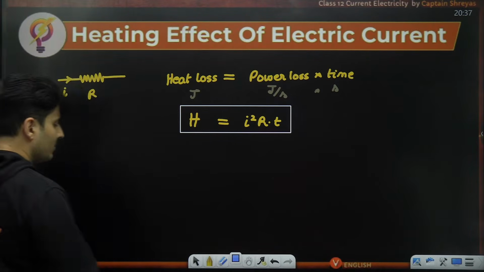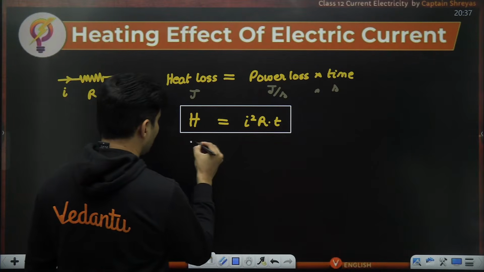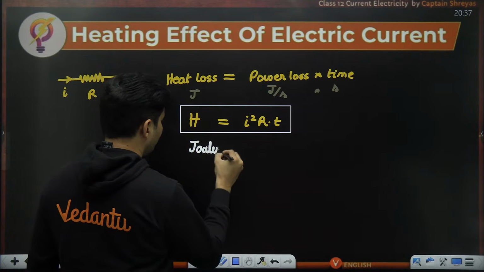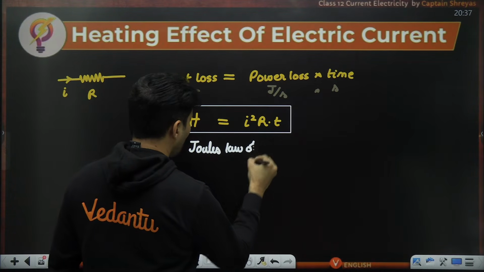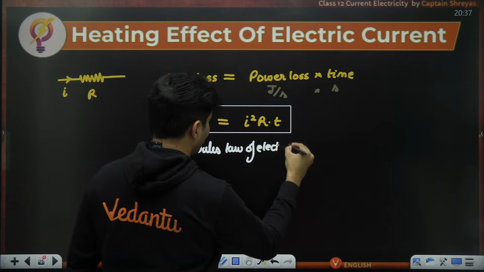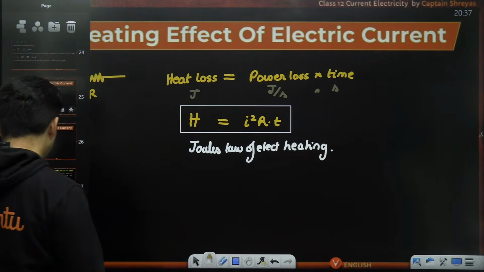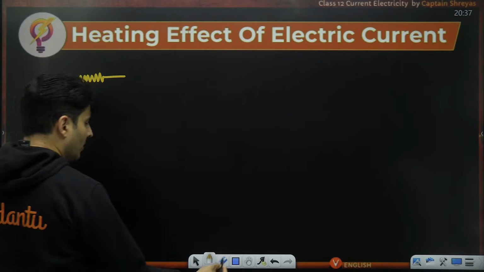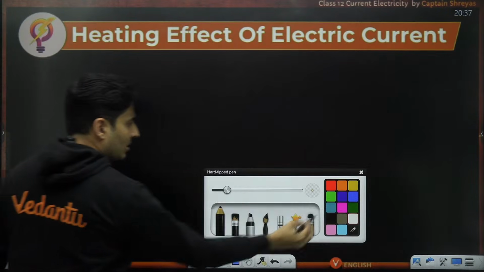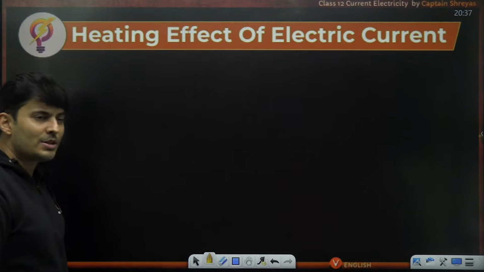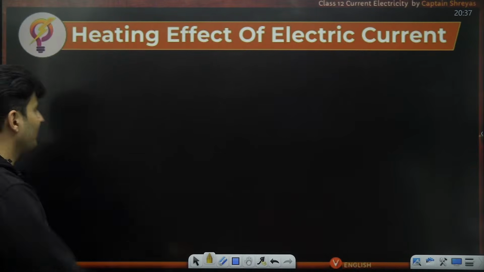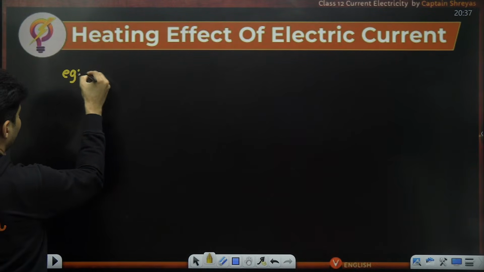Where do you use this particular law? Sometimes also called Joule's law of electrical heating. This is definitely used in your toaster, sandwich maker, even your geyser. A lot of applications are there.